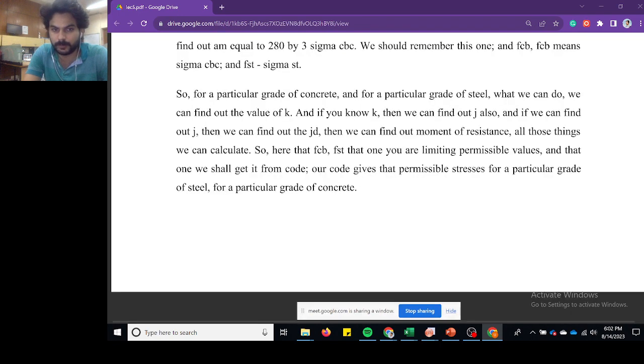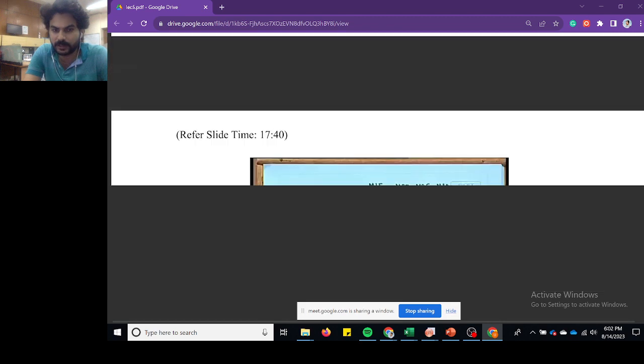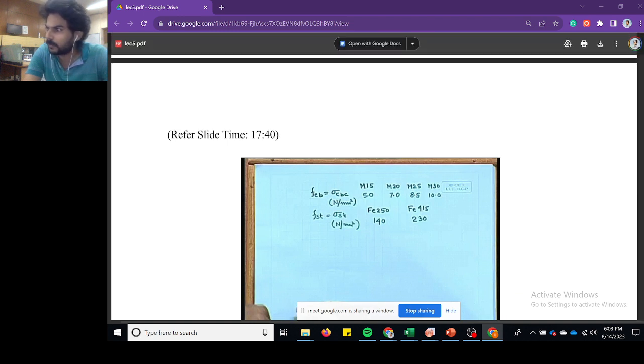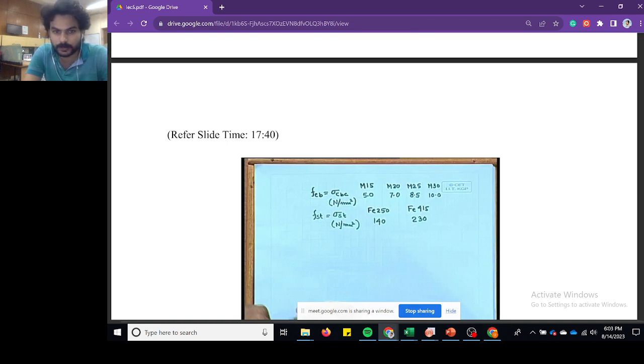So be familiar with the IS codes as I already explained. Can you see it here? These are the sigma CBC values for concrete. Okay, my marker is not visible. The first values like 5, 7, 8.5, 10 are for the concretes, and the down one is for the steel.